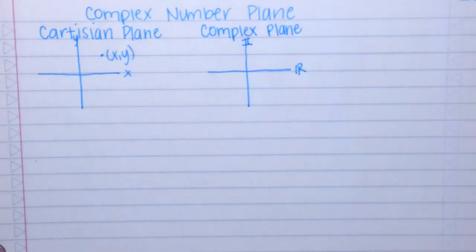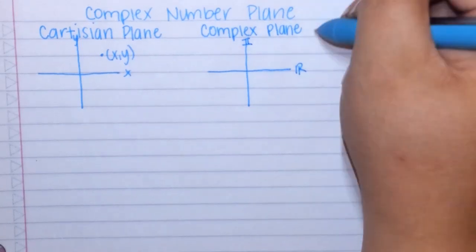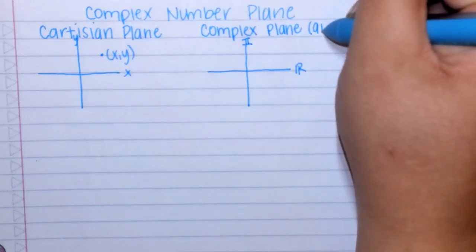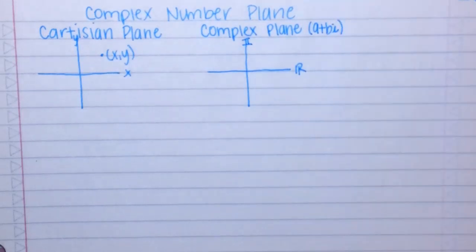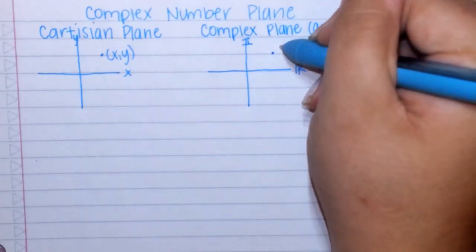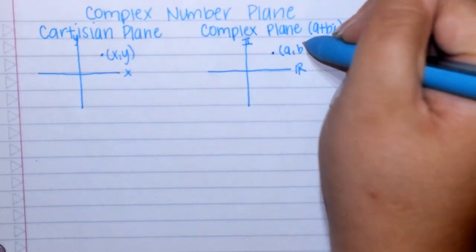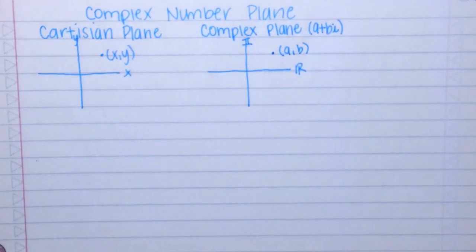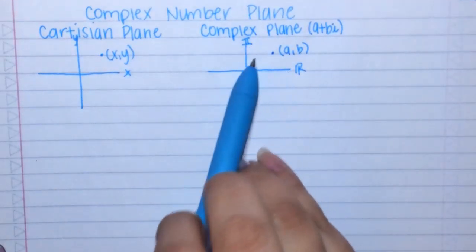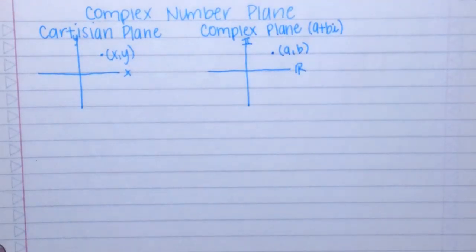Do you agree yesterday we learned that a complex number is a plus bi? So your point would be a comma b, your real number comma your imaginary number. Does that make sense?